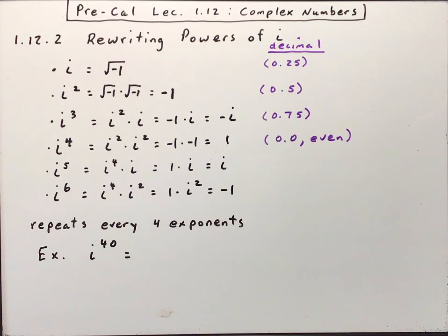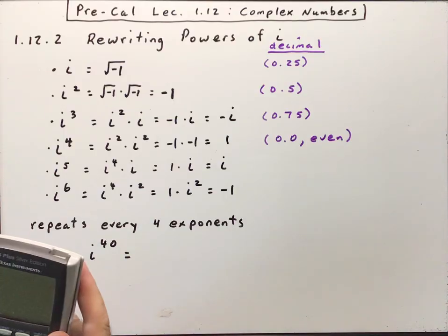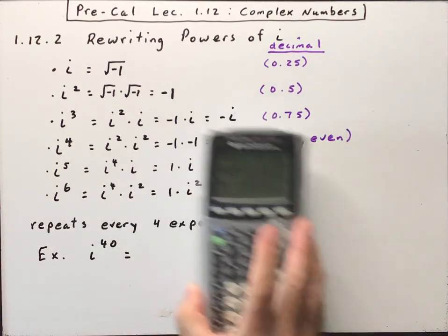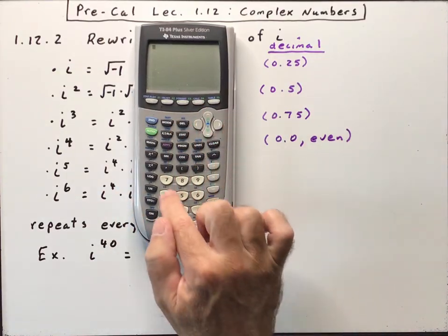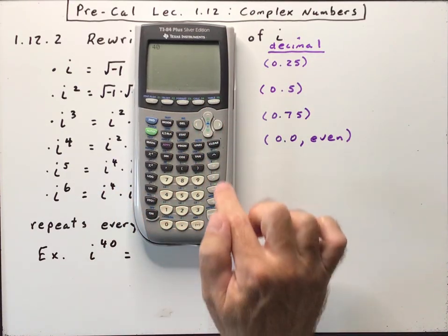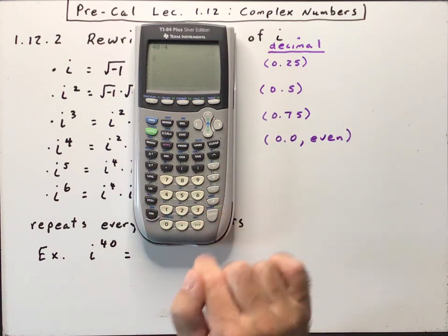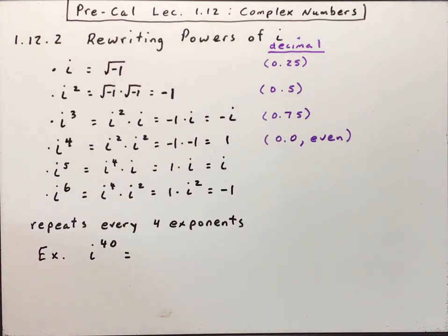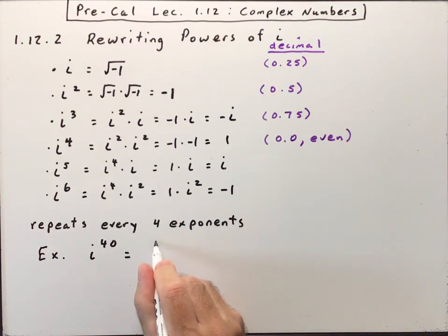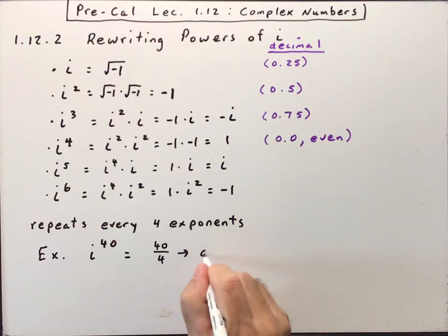So what I want you to do is take 40, that's the exponent, divide that by 4, and see how it's 10. So it's even. It doesn't have a decimal. So 40 over 4, the decimal is even.